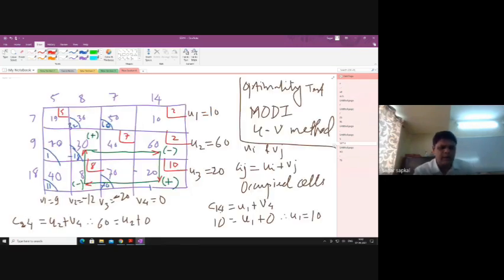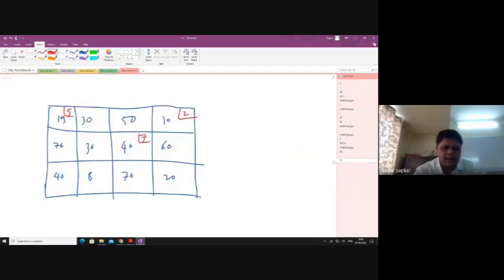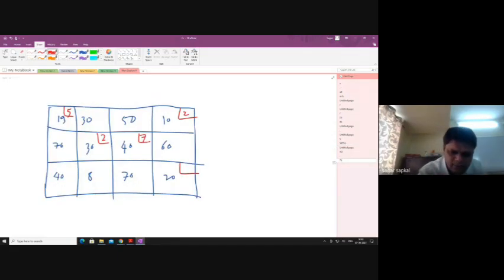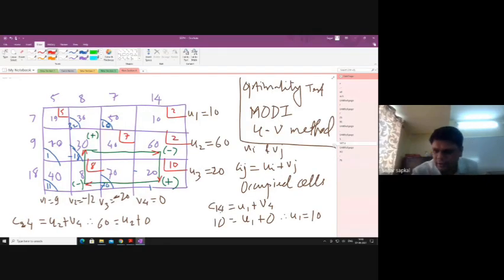Okay. Now other values are on the loop. Now where there is a plus sign, add these two values. So here plus sign, 2. Here it was previously 2, so 2 minus 2 is 0, it will become an unoccupied cell. Here it will get added, 10 plus 2, 12. Then 8 minus 2, 6.